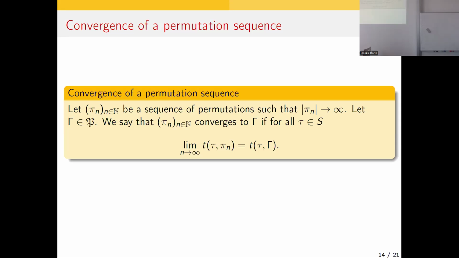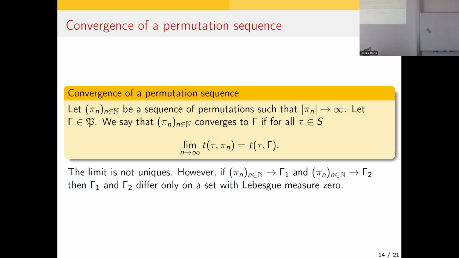Yeah, because if that's not fulfilled, then we eventually get that the sequence of permutations is constant, or it has a constant subsequence. So it's not interesting. Okay. The limit object is not unique, but it's unique up to differences on a set which has Lebesgue measure equal to 0.